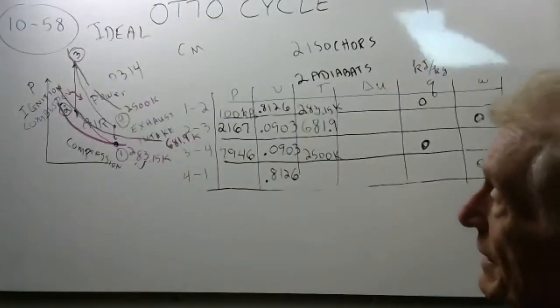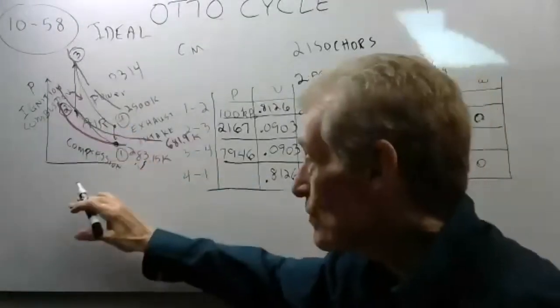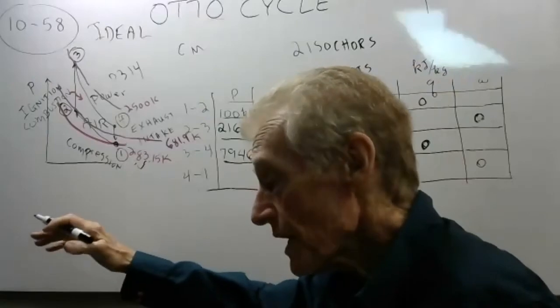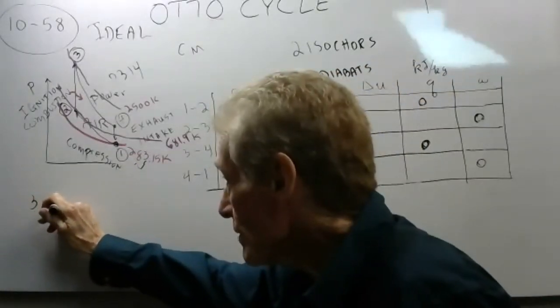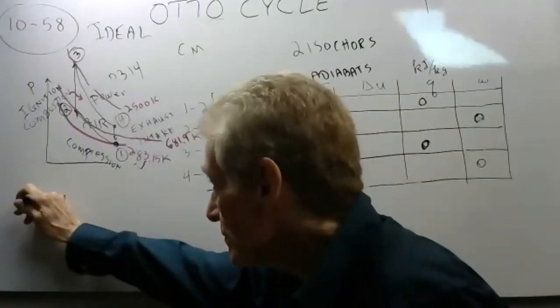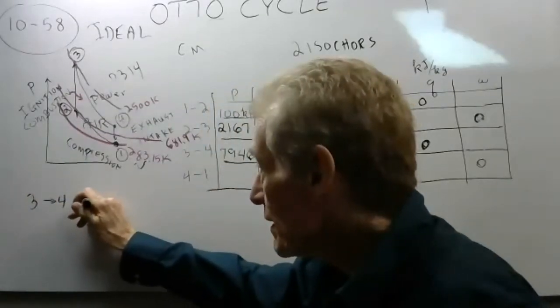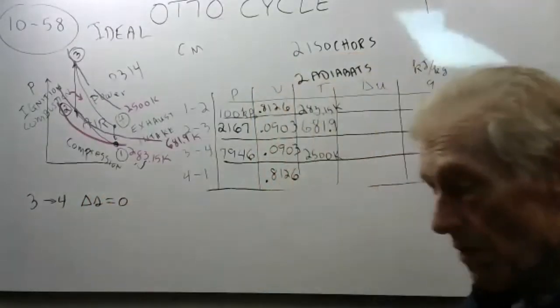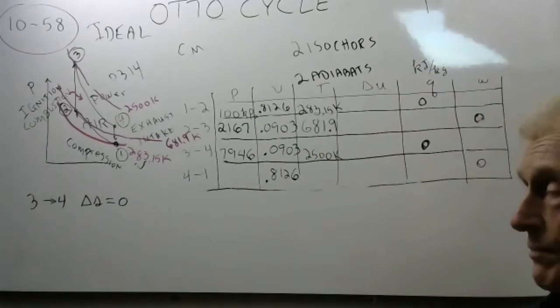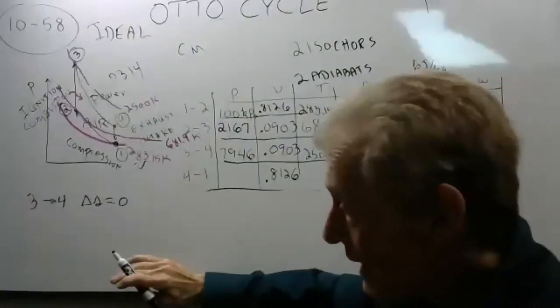Okay, here's the plan. Now, from 3 to 4 is an isentrope. Going from 3 to 4, delta S is 0. It's an isentrope. And it's also an ideal gas.